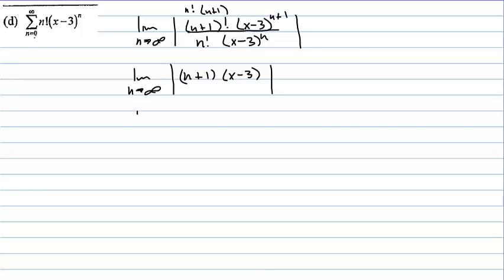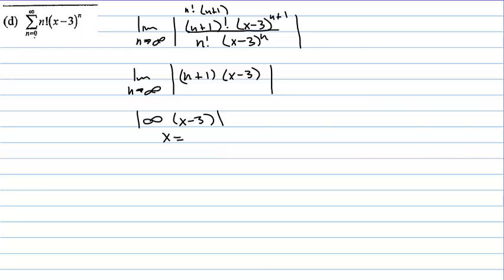Well, that becomes the absolute value of, when we plug in infinity plus 1, we get infinity, and then this is what we want to find a value for x for which this thing converges. So we just leave it as x minus 3. Well, if we're going to take the absolute value of this quantity, it will always be bigger than 1 except for one specific value.